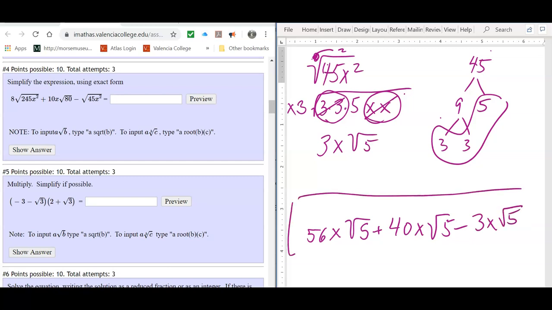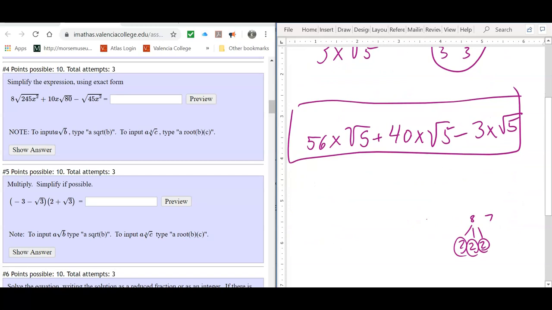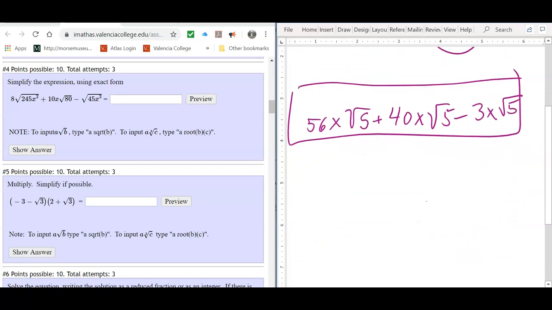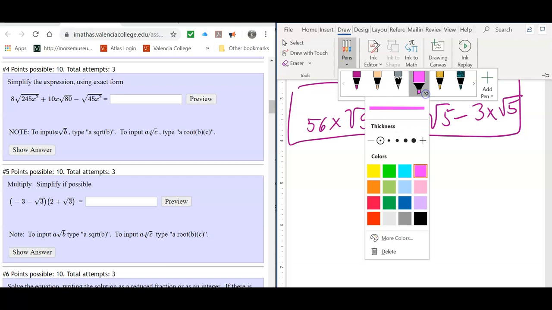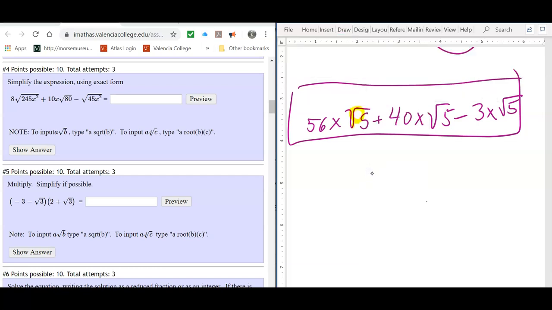Okay, so far we're down to here. Let's move this a little up here. Now, I'm not done yet though, because now I know I have like radicals. Remember, like radicals, get a different color here, yellow. They're like because this is the same.